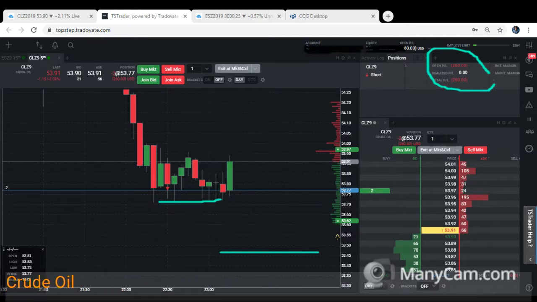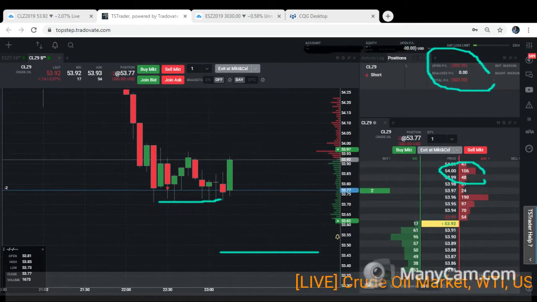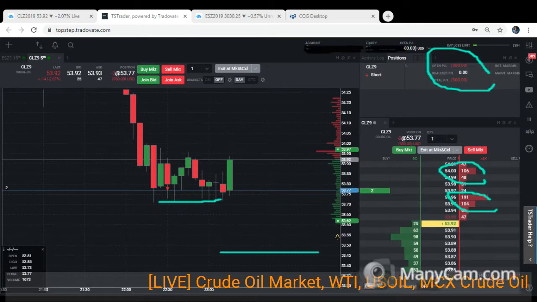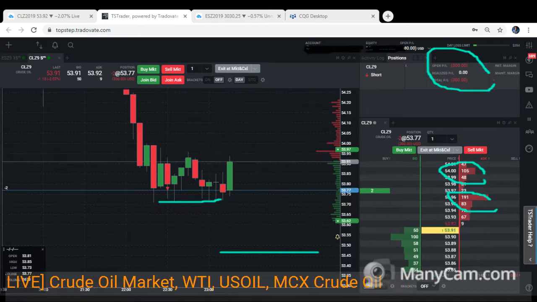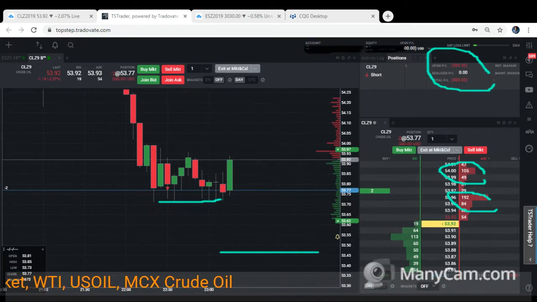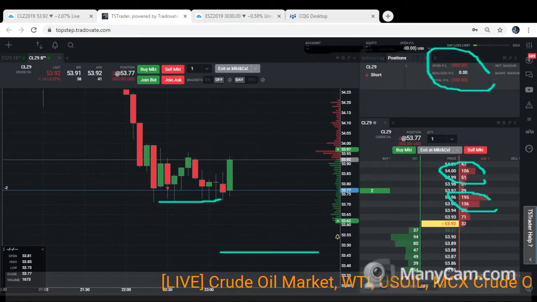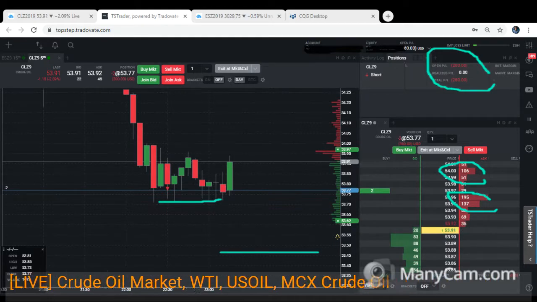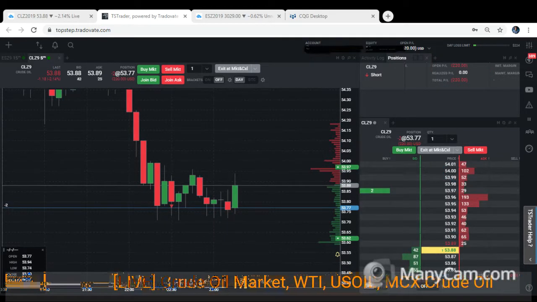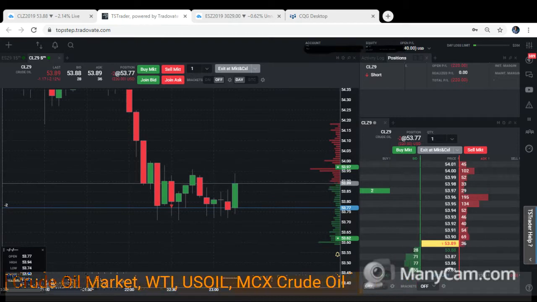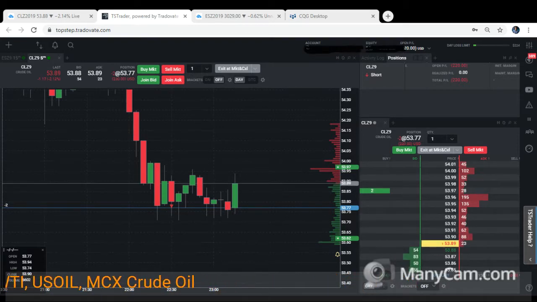Still there are multiple high volumes that can be seen at 2 different price levels. One negative. Still very strong for the reversal.